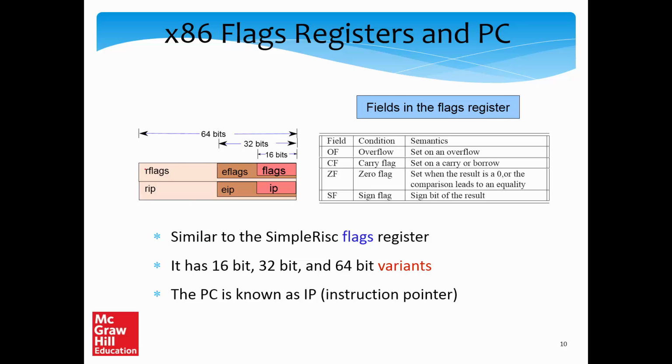First we have the RFLAGS register. Similar to our terminology in the previous two slides, the RFLAGS register is 64 bits. Its lower 32 bits can be interpreted as the EFLAGS register, and the lower 16 bits can be interpreted as the FLAGS register. So FLAGS, EFLAGS and RFLAGS, the same way as AX, EAX and RAX.